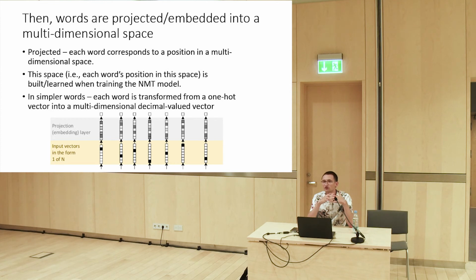The neural network architecture that we use learns word embeddings itself. So it learns from data what are important embeddings for machine translation.